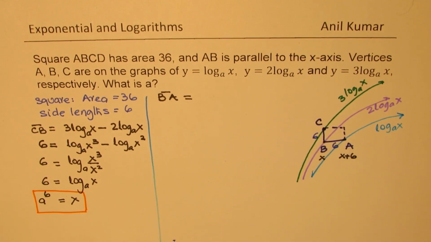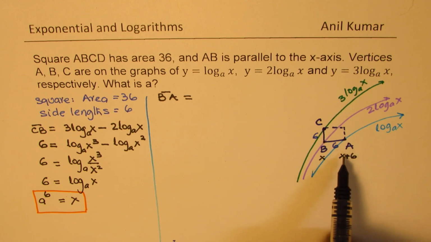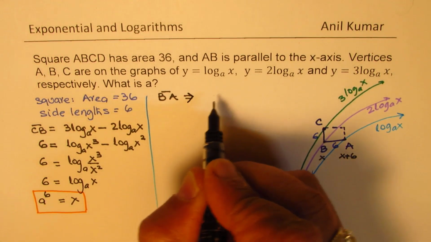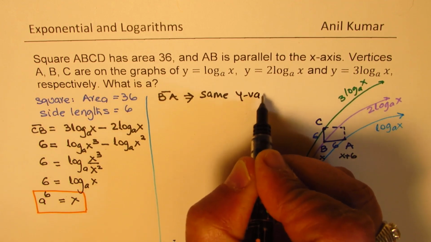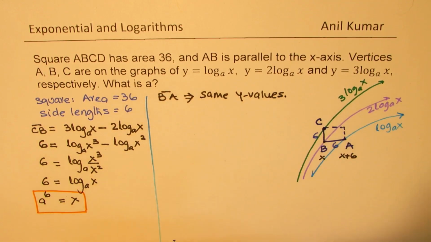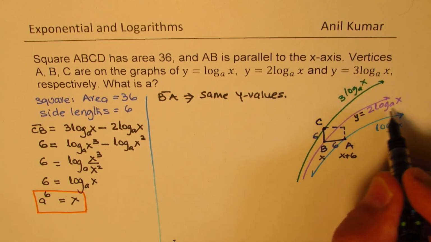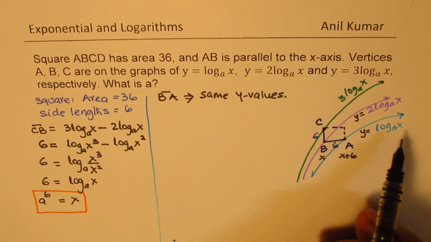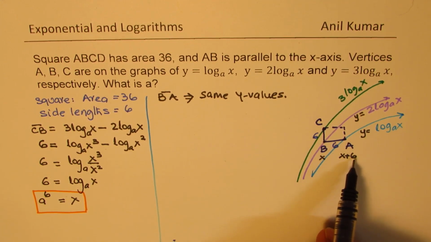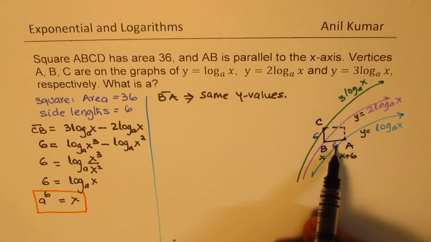So from B to A, the y values are the same. That is for these two graphs, y equals 2 log a x and y equals log to the base a of x. So at x plus 6 for log a x, the value should be the same.